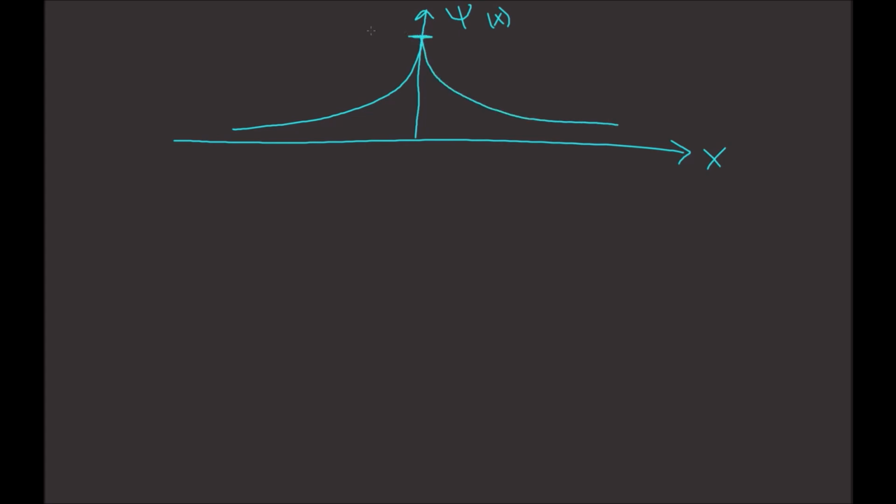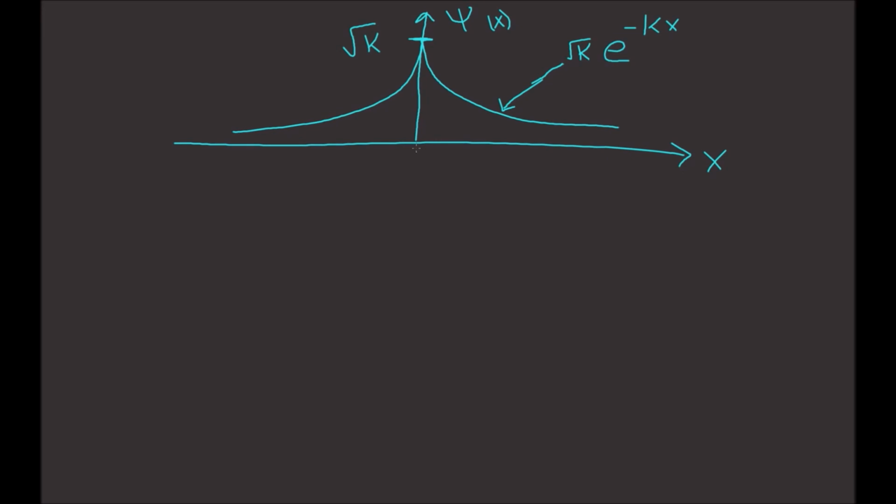This point here is the square root of k, and this curve here is square root of k times e to the minus kx. Obviously there is a kink here where x is equal to 0, right? And remember, at this point we didn't say anything about the delta function. So at this point the delta function is not in the story yet.